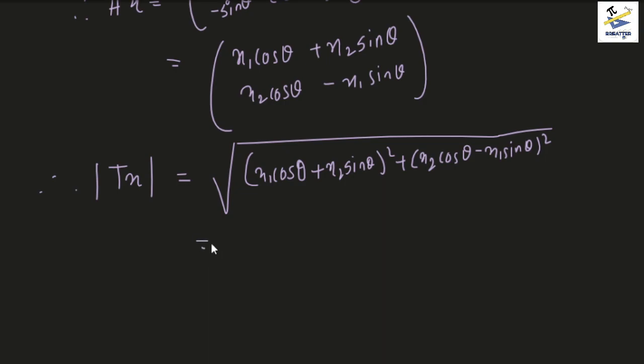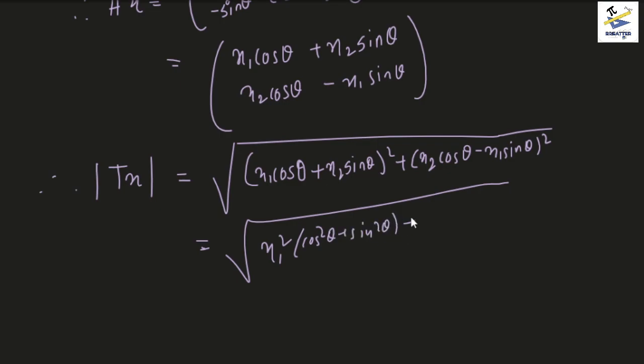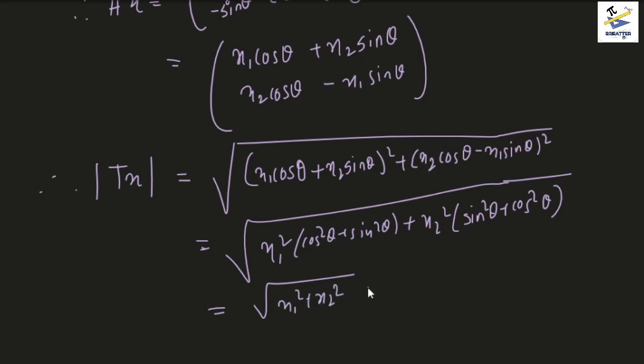Now if you were to expand this, what you would get is as follows: because the 2ab and minus 2ab terms are the same, they will cancel, and what you would get is x1 square bracket cos square theta plus sin square theta, plus x2 square bracket sin square theta plus cos square theta, and this would give you root over of x1 square plus x2 square, and since x is a vector in R2, this is basically equal to norm of x.